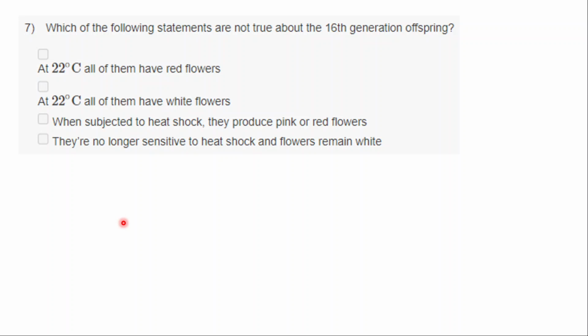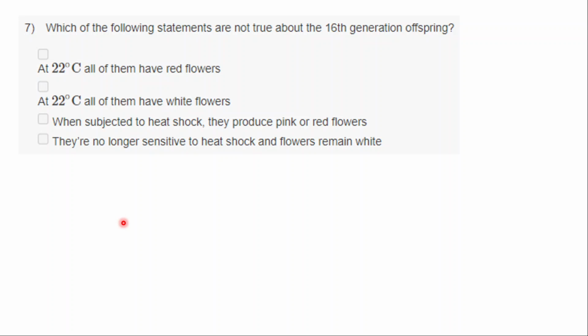And Sakshi, will you be able to answer this flowering question? So the plant with the W allele, when bred for 16 generations, which of the statements will be false, which is not true? Okay, 1 and 3.